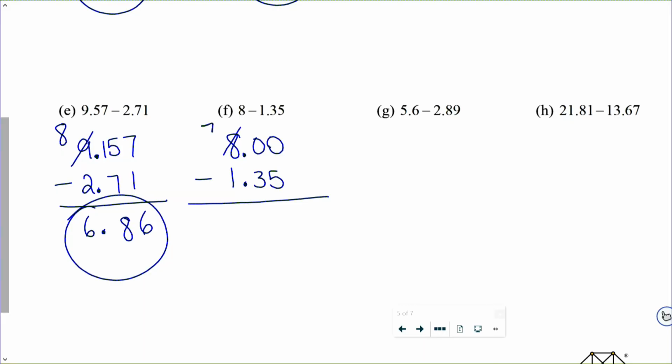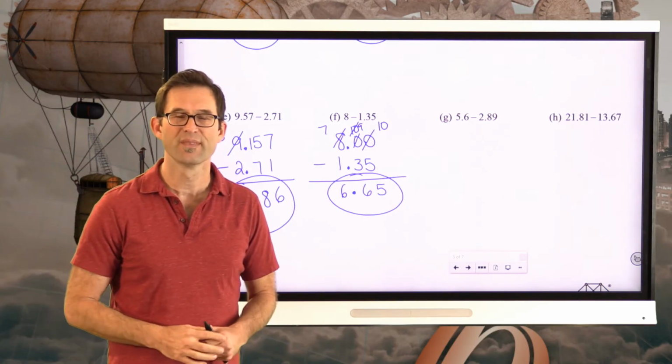So the first thing I'm going to do is make that into a 7. That would make this into a 10, but then I have to borrow 1 from the 10, which makes it into a 9. And then finally, I can make that into a 10. So 10 minus 5 is 5. 9 minus 3 is 6. 7 minus 1 is 6. And I get 6.65.